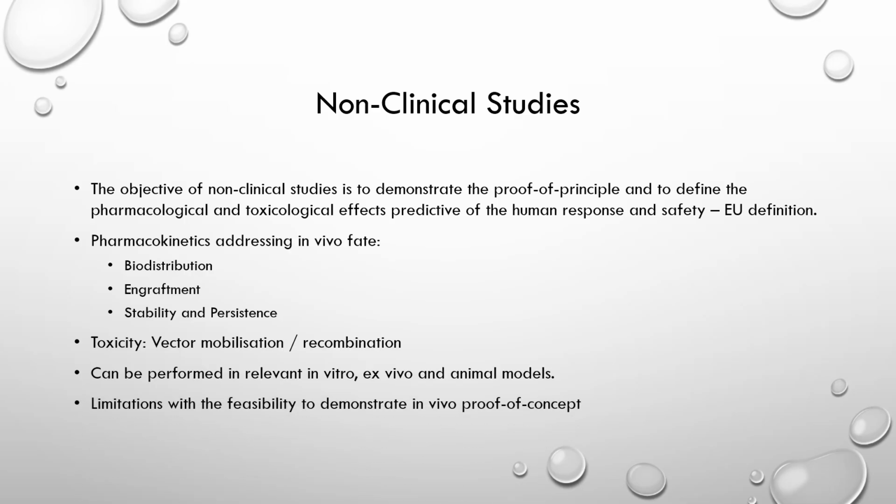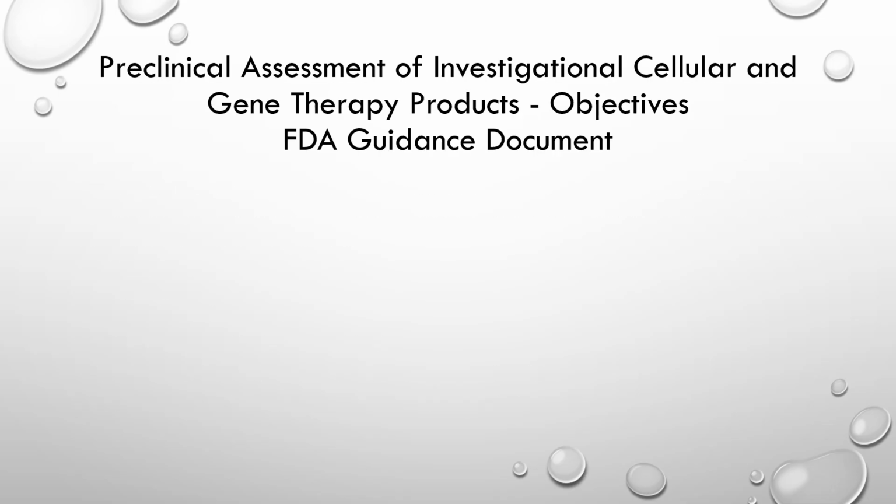This guideline, the one on genetically modified cells, does talk about the limitations with regards to your animal models, your animal species selection, and your animal disease models. You do have to discuss the limitation with regards to the feasibility of these models to demonstrate proof of concept. I don't know whether or not it is. Some of them can be, in terms of extrapolation of the data. You can demonstrate proof of concept, but with regards to toxicology and safety pharmacology, that might be where the limitations and the challenges are.